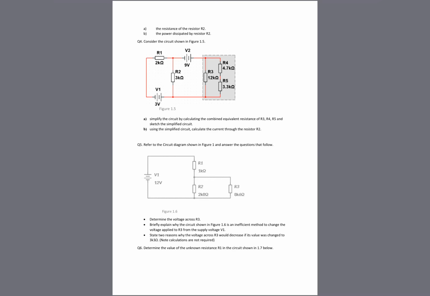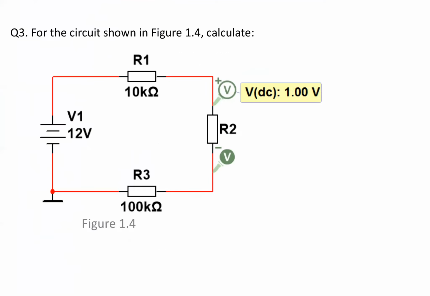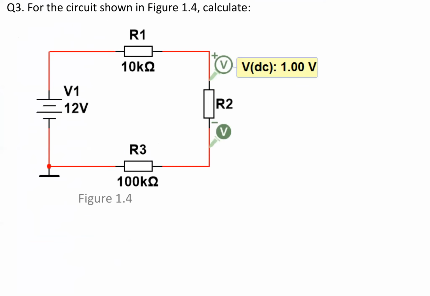That means the value of the resistance R2 and also the power dissipated by R2. These two things you need to find.